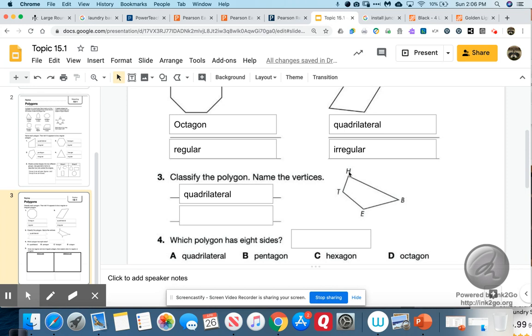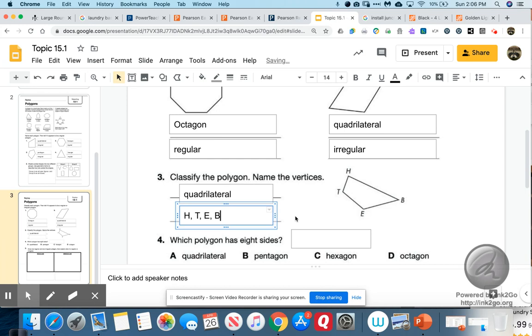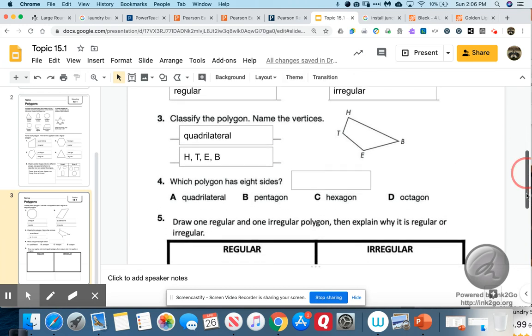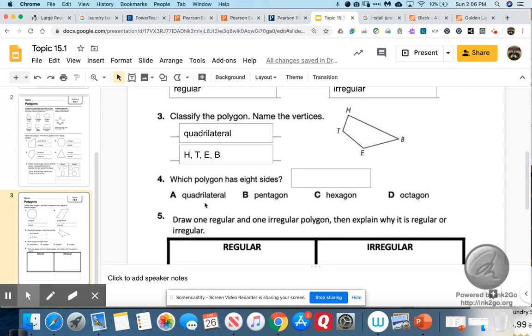So we have vertex H, T, E, and B. Those are the vertices. Okay. Now, which one of these has 8 sides? A quadrilateral has 4, a pentagon has 5, a hexagon has 6, and an octagon has 8. So that one is octagon.